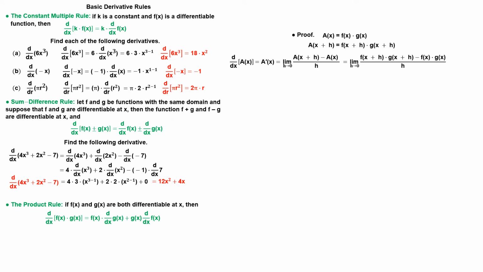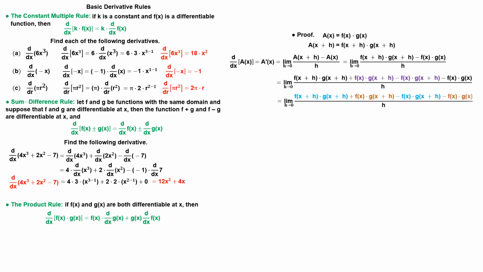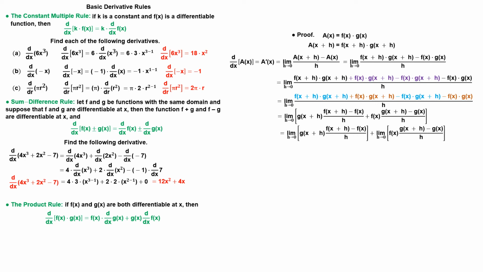By adding and subtracting f of x times g of x plus h in the numerator, we have, after breaking apart this quotient and applying the sum law for limits, the derivative becomes. Rearranging the terms, we obtain.